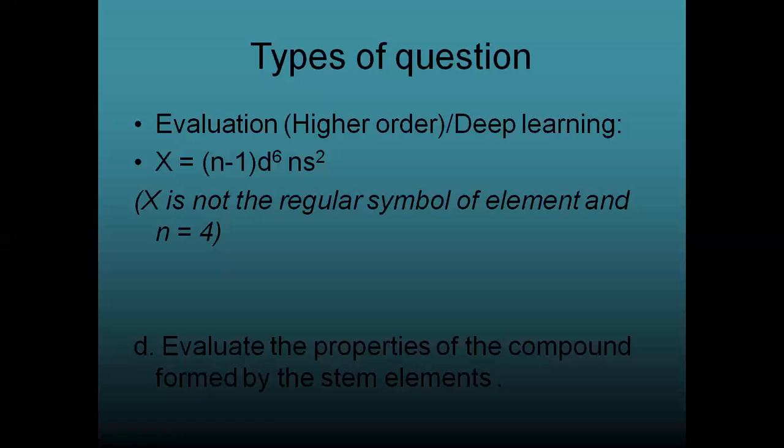So now the solution of this question is, we need to first know the stem elements, then understand its electronic configuration, whether it is metal or non-metal, then form a compound and evaluate its properties.